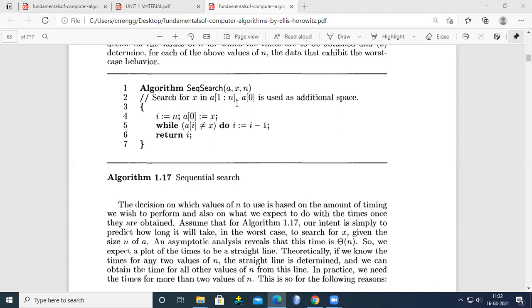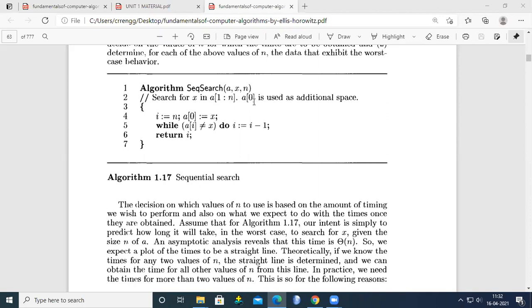Here a is an array. We are taking n number of elements, 1 to n. We want to search for element x in the array which consists of n elements.